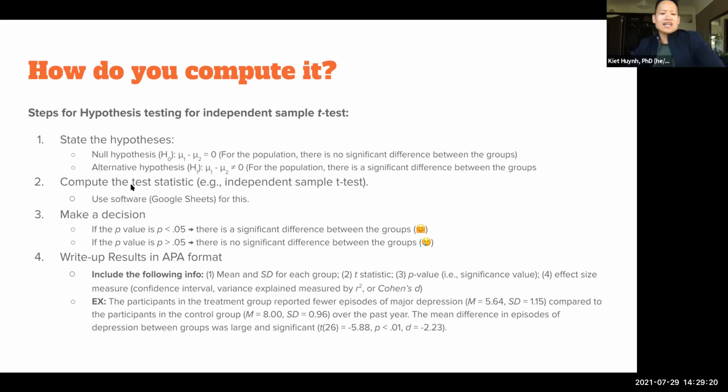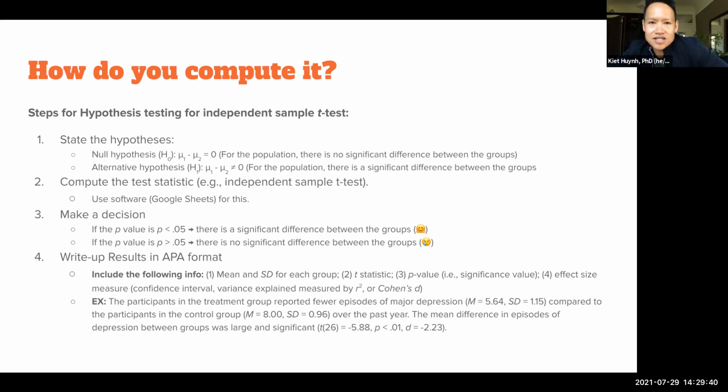All right, so you state the hypotheses, and then you compute the test statistics. In this example, when you're working with a t-test, you're using software like Google Sheets. There are many types of statistical software you can use for different types of tests.